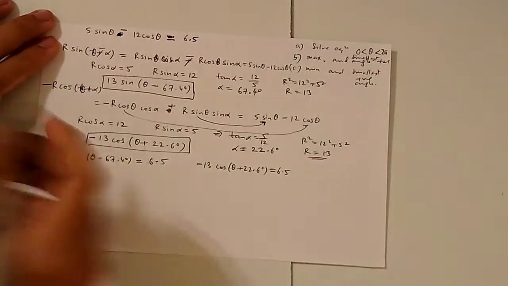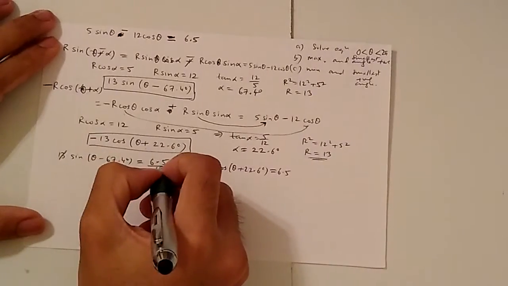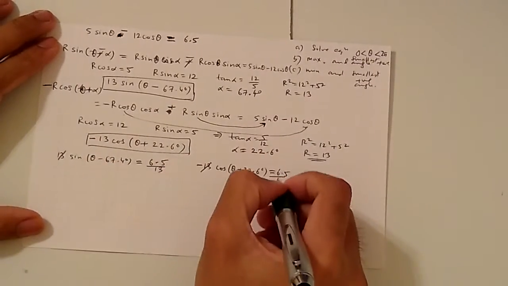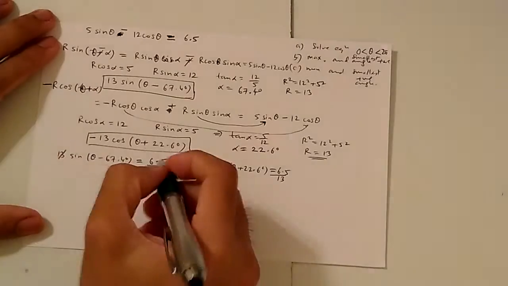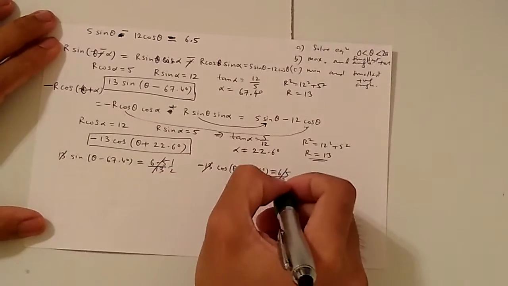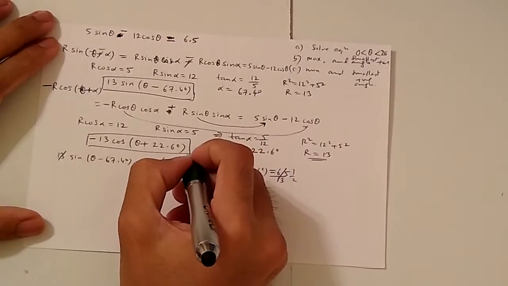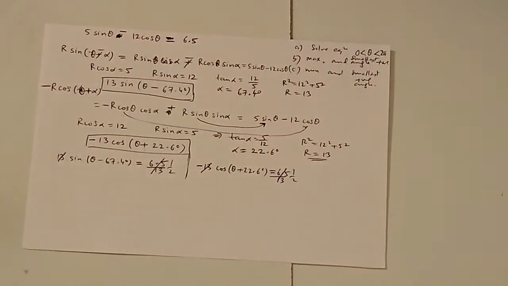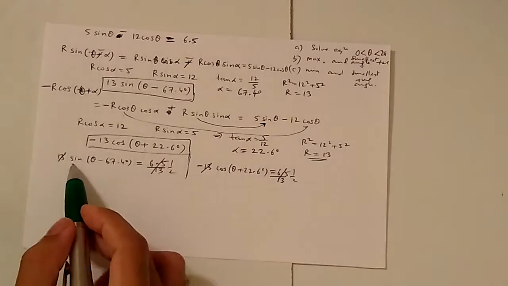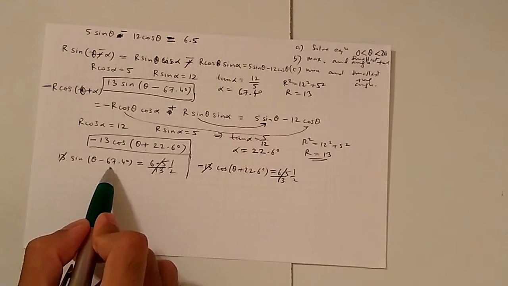Divide both sides by 13. This becomes half, this becomes half too. So we have two equations. I'm just trying to solve both of them at the same time, but they are still two separate equations. Now we have sine of theta minus 67.4 degrees.